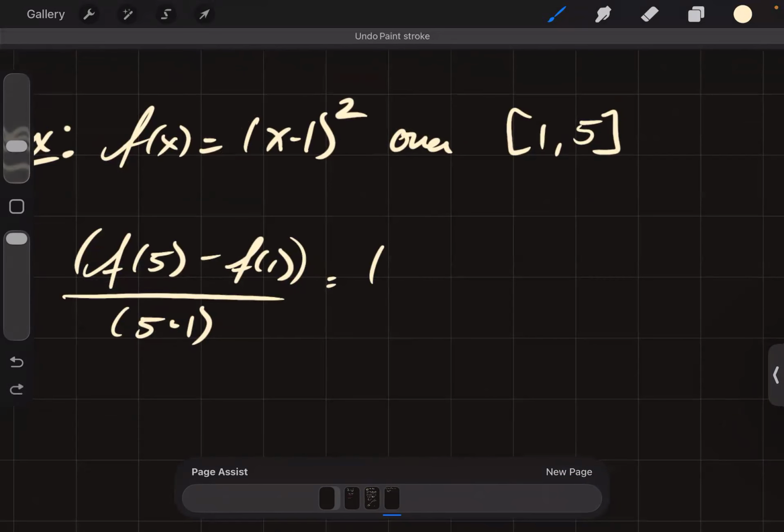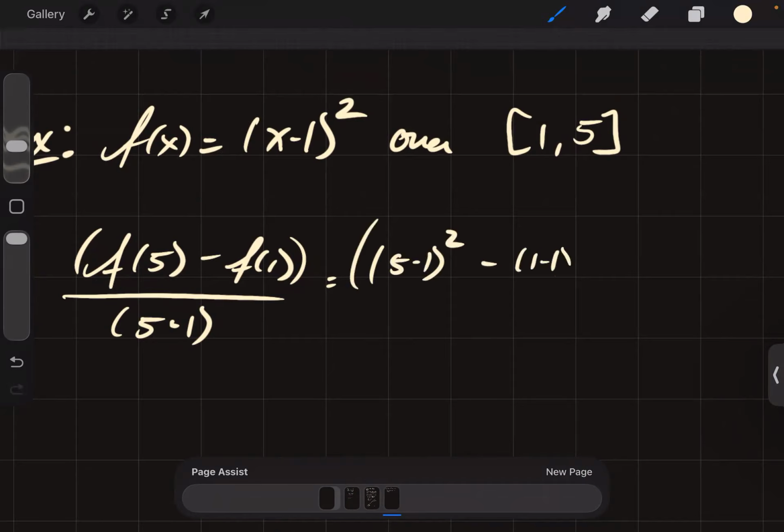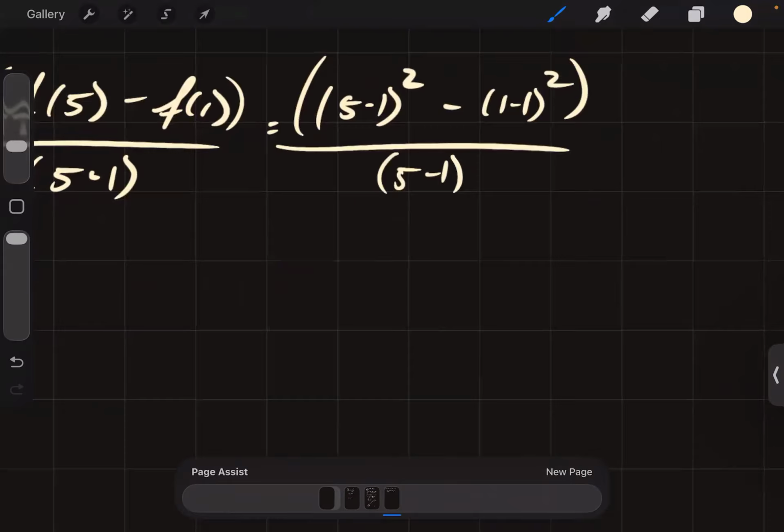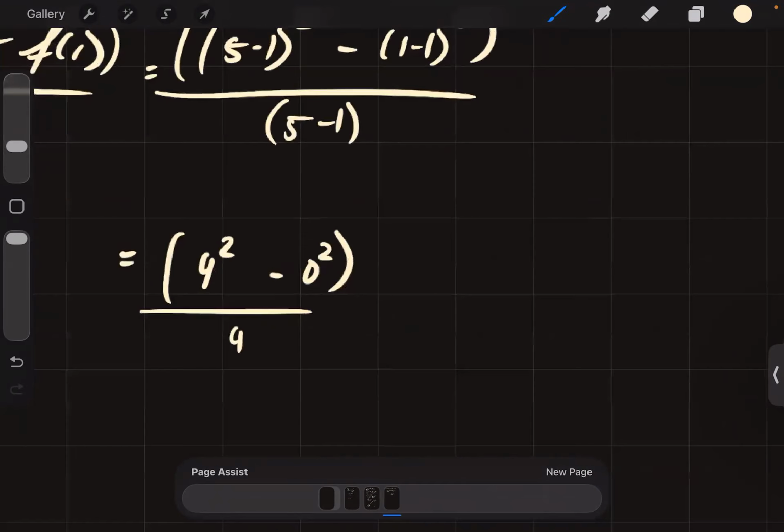Do not lose them. This is going to be (5 minus 1) squared minus (1 minus 1) squared all over 5 minus 1, which is going to equal 4 squared minus 0 squared all over 4, which is going to equal 4.